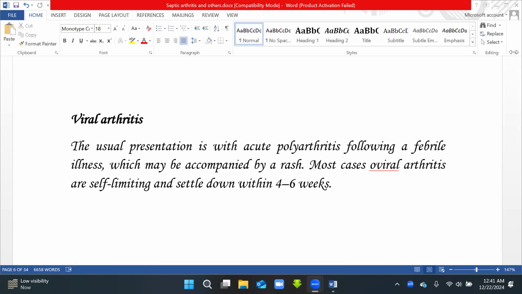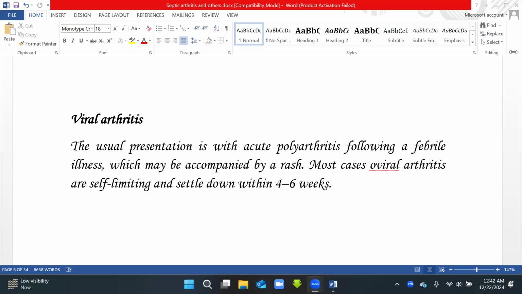And the classical signs of viral arthritis are almost similar to those of septic arthritis, such as joint pain known as arthralgia and swelling, then fluid around the joint. Then another sign is morning stiffness.